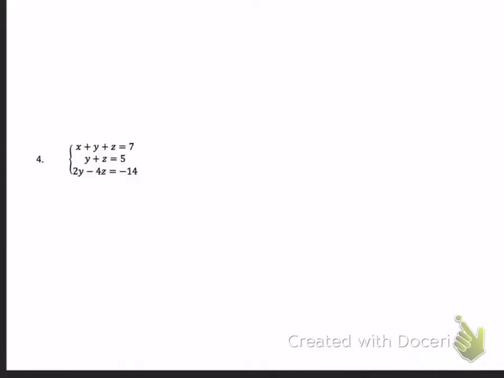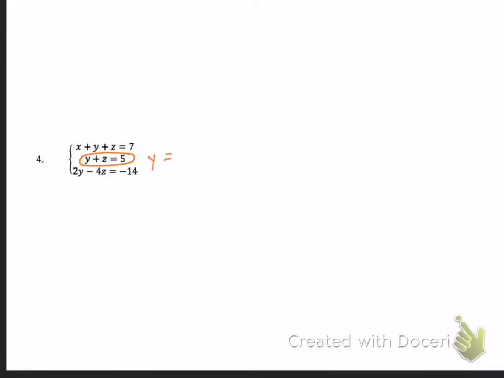Okay, looking at this one, which equation, top, middle, or bottom, would be the easiest to solve for one variable? Middle. The middle, and then what do you guys want to solve for, y or z? You could do both, but we're going to just choose one of them. Okay, let's do y. So I'm going to take this and solve for y.